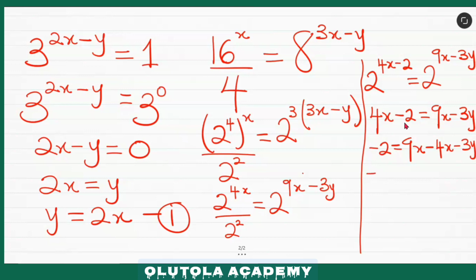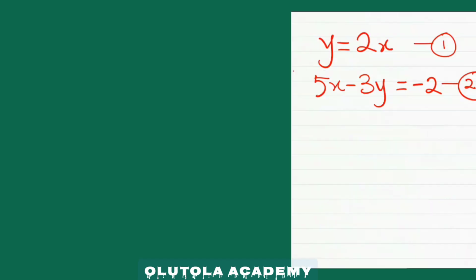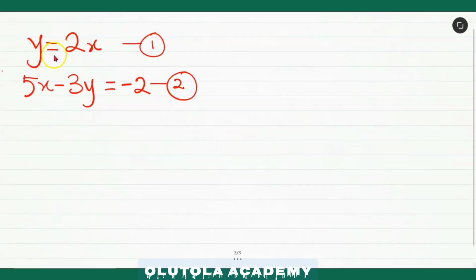So I have minus 2 equals to 5x minus 3y. Then I have 5x minus 3y equals to minus 2. That's my equation 2. So I'm going to use equation 1 and equation 2 simultaneously. So I have my equation 1, y equals to 2x, equation 2, 5x minus 3y equals to minus 2.